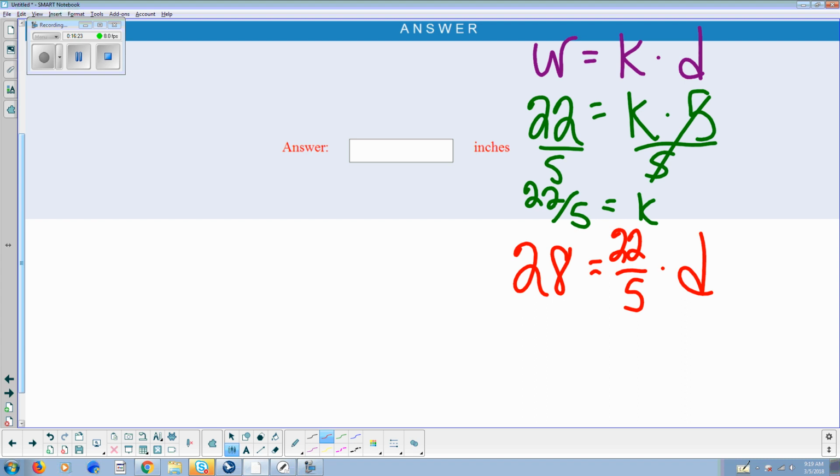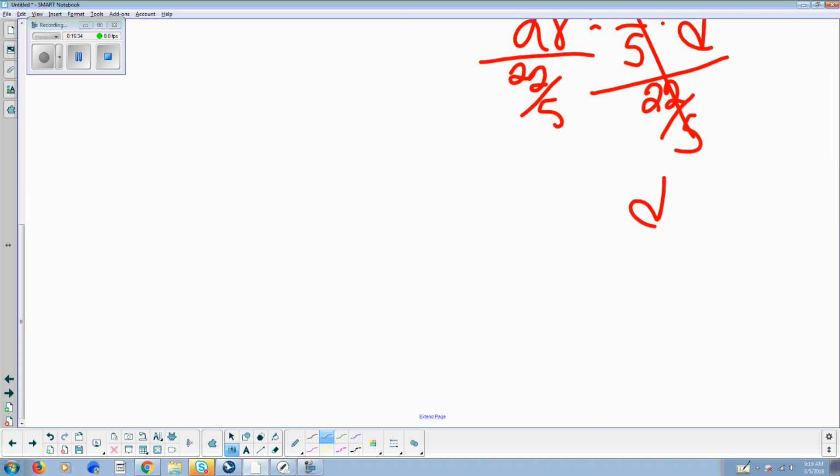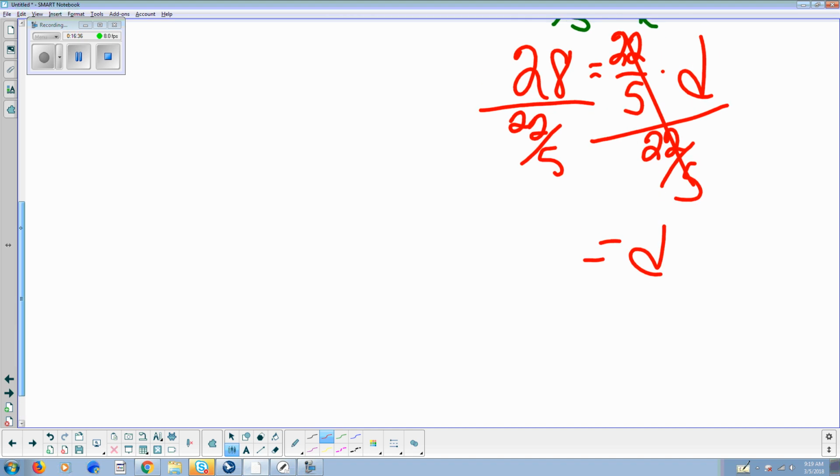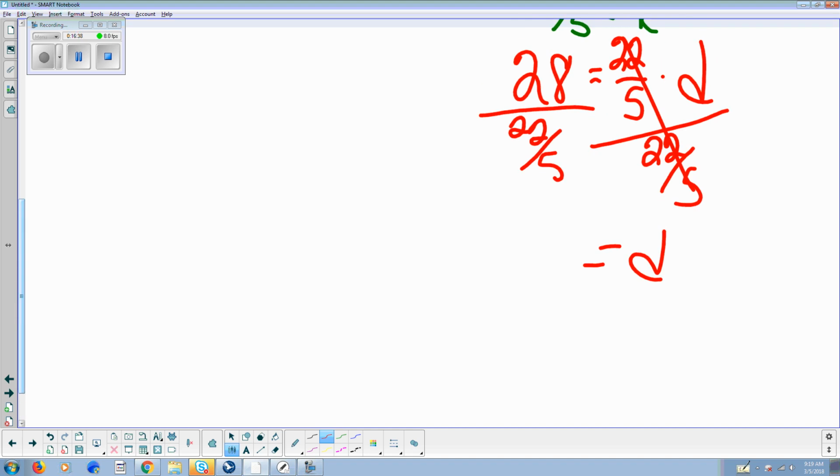Divide by 22. Sure, divide by 22 over 5. Or we could invert and multiply if you're thinking about division by fractions. So 28 divided by 22 fifths, or 28 times 5 over 22, either way, you can think of that. So I'm just going to divide by the fraction, 22 fifths.